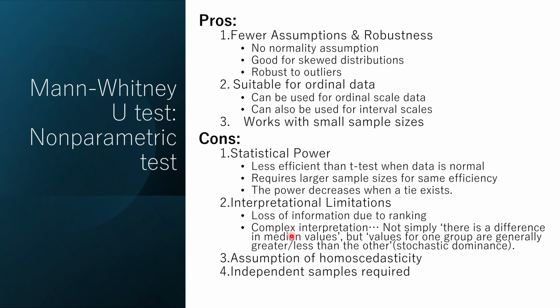It is not simply that there is a difference in median values, but that values for one group are generally greater or less than the other. And assumptions of homoscedasticity and independent samples, assumptions 3 and 4, are required in the Mann-Whitney U test case.